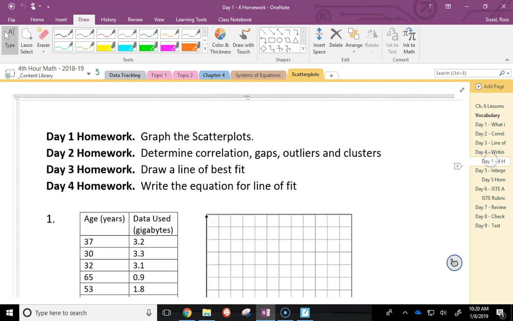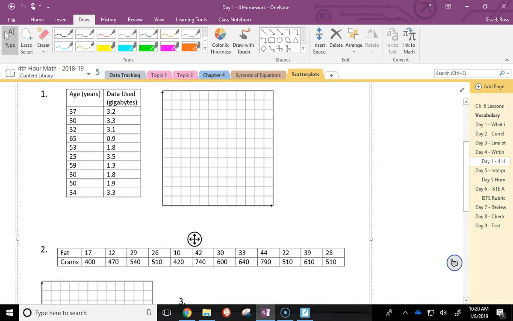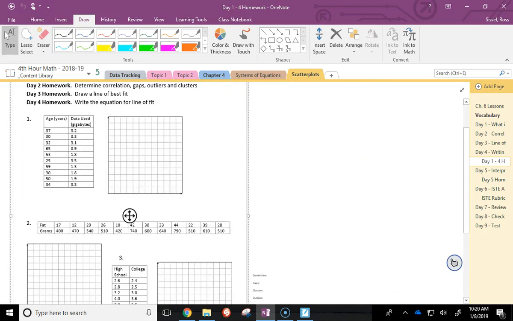For tomorrow, your homework: draw 3 lines. Listen up. You should, from day 1, have your scatter plot made, and we talked about correlation. With all your dots, you're going to go to your homework. You have to draw a line of best fit for each one of your graphs. 3 lines, that's your one assignment. Okay? Your second assignment, pay attention.